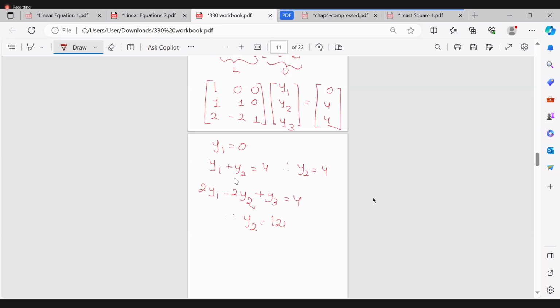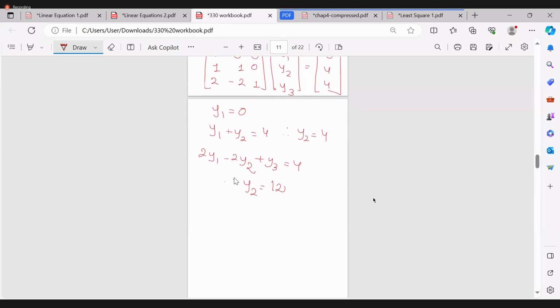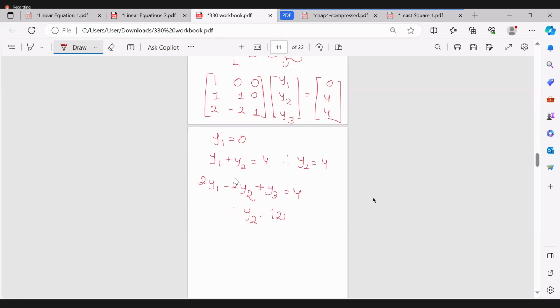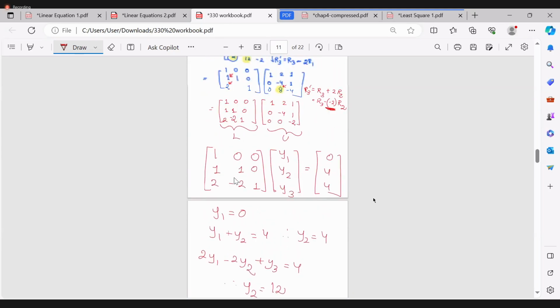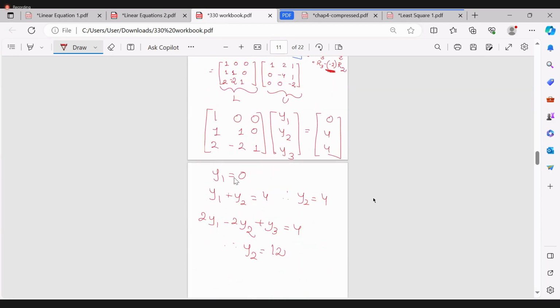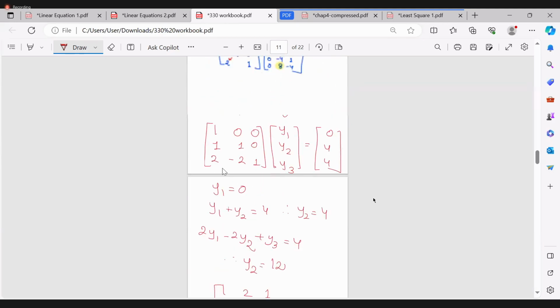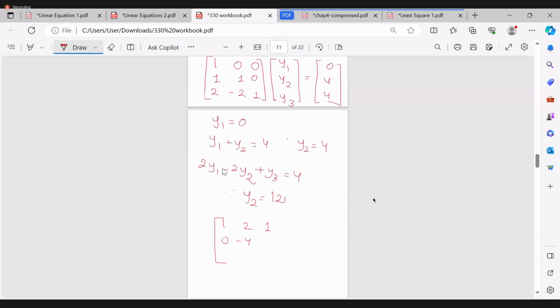Now, you need to convert this to Ux equal to y. So you have Ux, U is 1 2 1, 0 -4 1, and 0 0 -2.